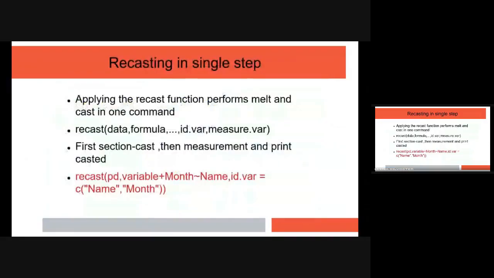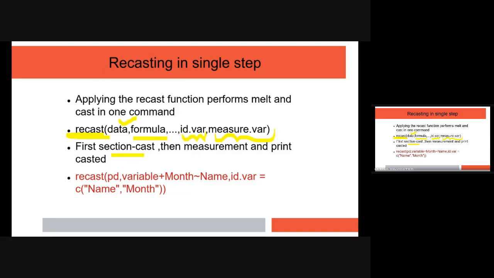Applying the recast function performs melt and cast in one command. So recast is the command. The first argument is the data frame, and the next is the formula. Then it is followed by the identifier variable, and then the measurement variable. So first is cast, then measurement, and printed cast.